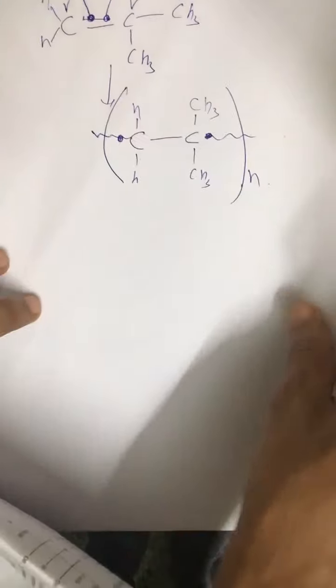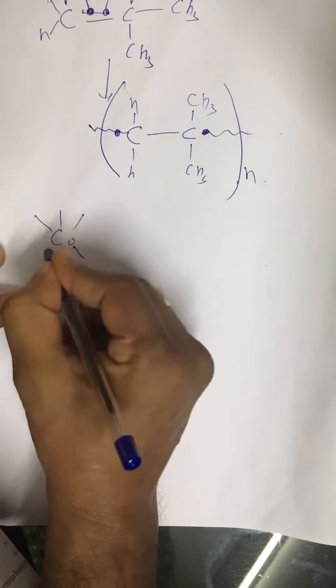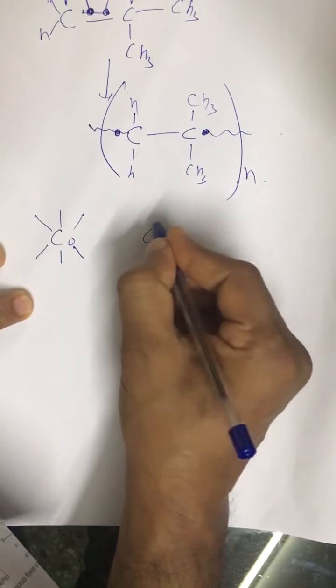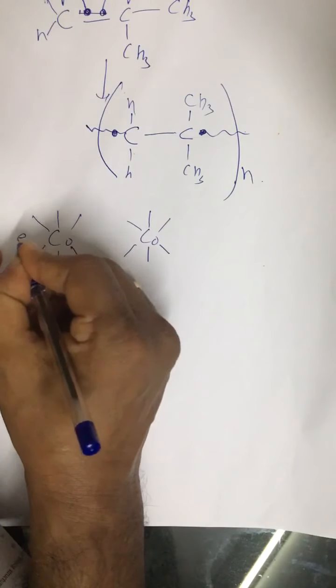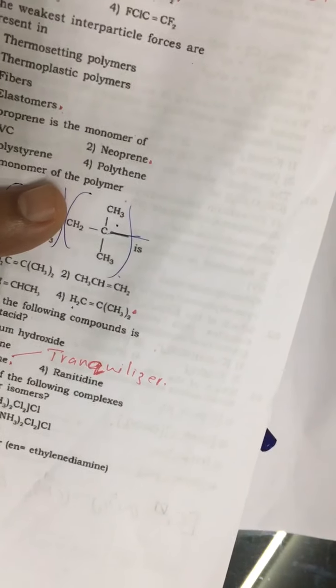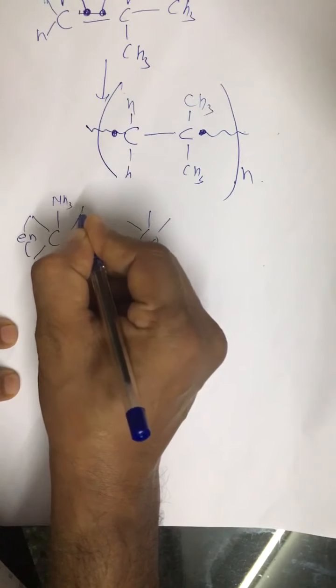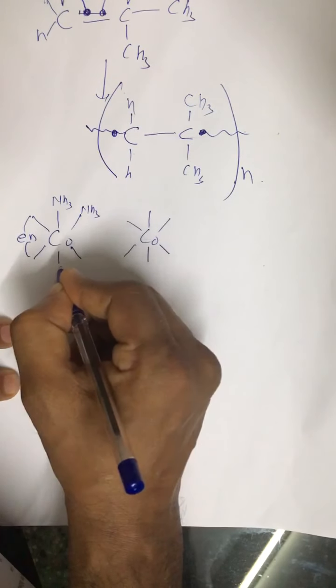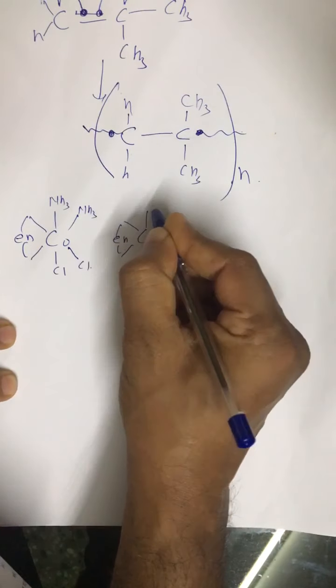Look at the first compound, first complex. All right, it is Co. This is ethylene diamine. All right, and we have two ammonia and two chlorine. So this is the first structure. We have ammonia at cis position, chlorine at cis position. Now look at the second structure, en.